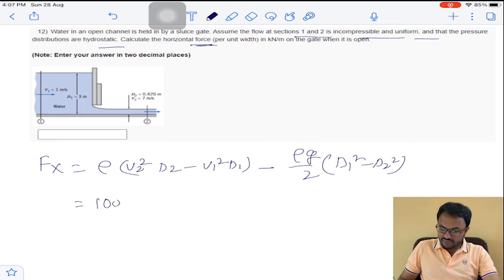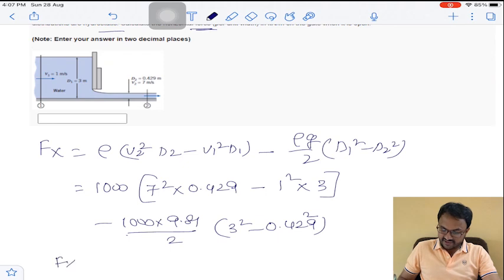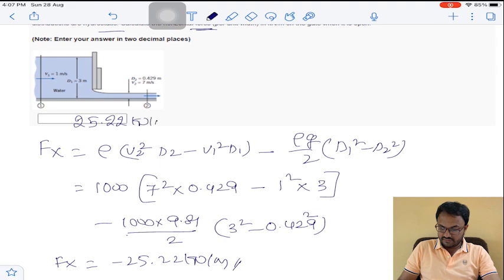Direct formula. So rho is 1000, V2 is 7 square into d2 is 0.429 minus 1 square into 3, minus 1000 into 9.81 divided by 2 into 3 square minus 0.429 square. So you will get Fx is equal to minus 25.22 kilonewton per meter. So the answer is 25.22 kilonewton per meter. Clear? So this is the last question.